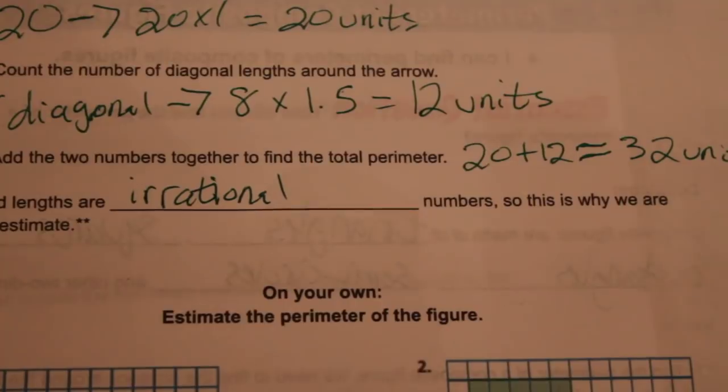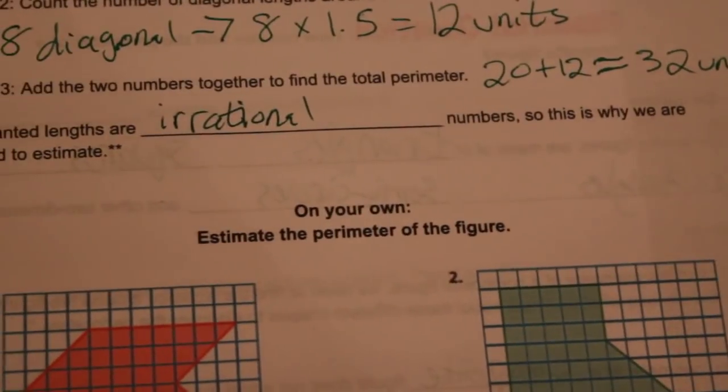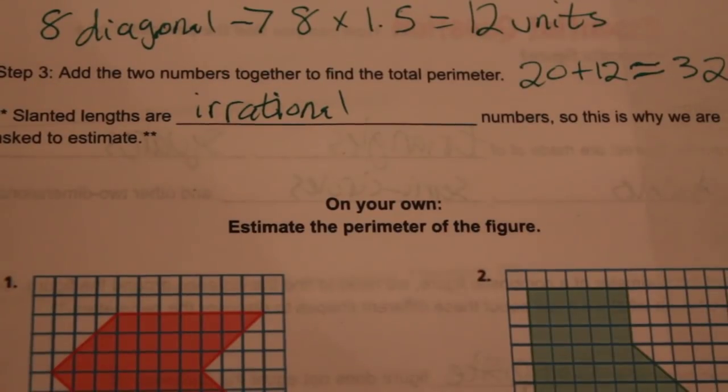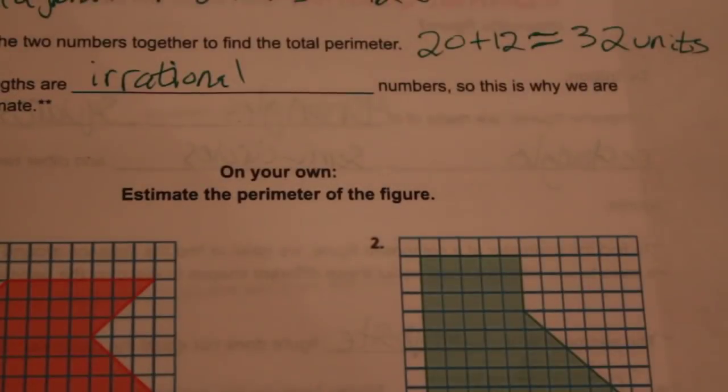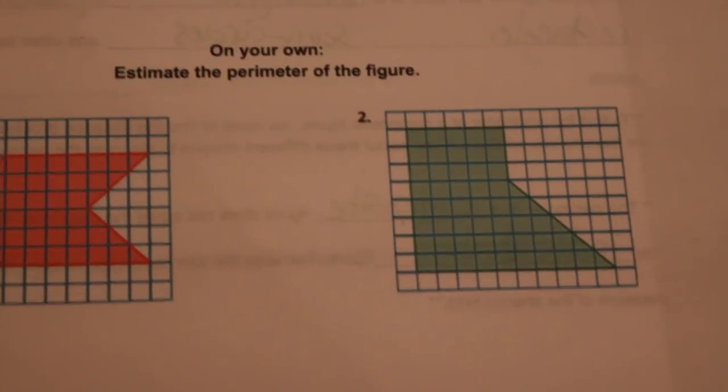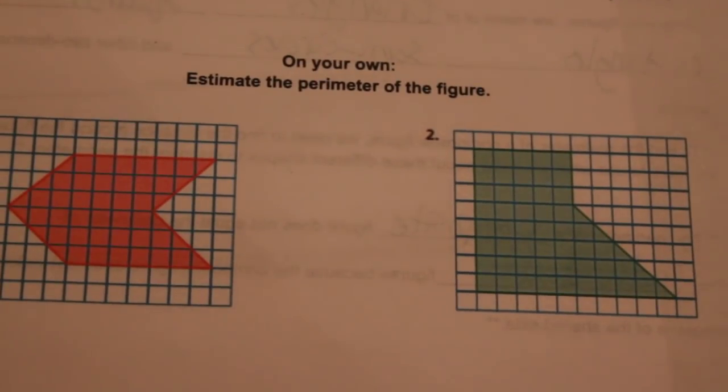So this is why we are asked to estimate. So that's another reason why it says estimate or about, because since we have irrational numbers, we cannot figure out the actual. Now go ahead and pause the video and work on your own problems.